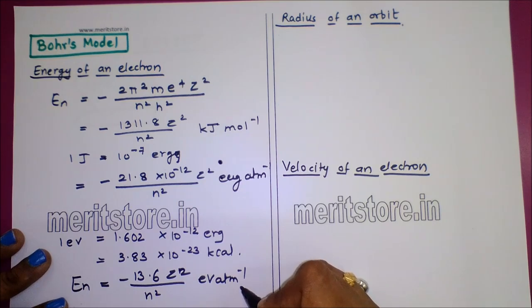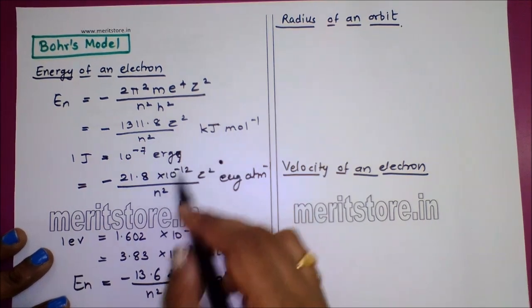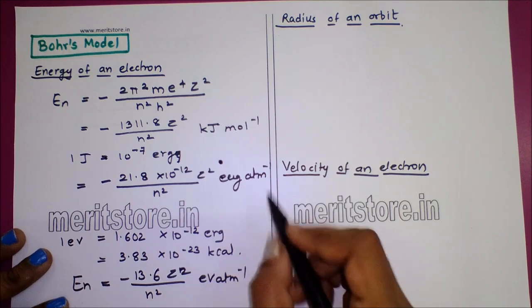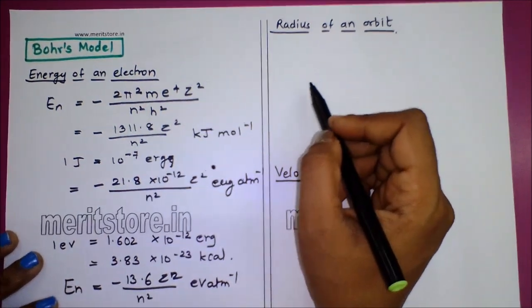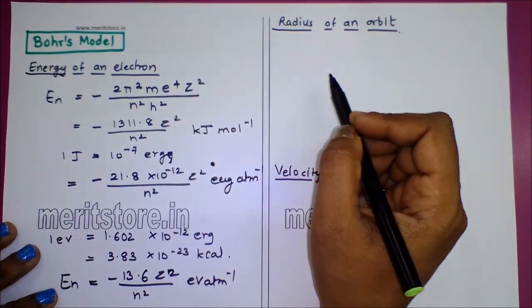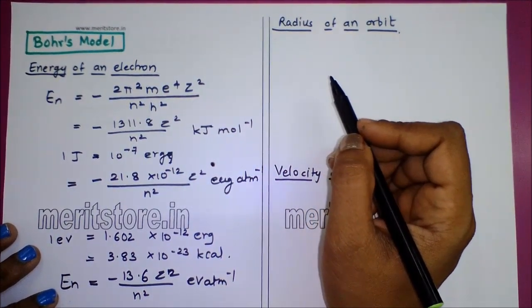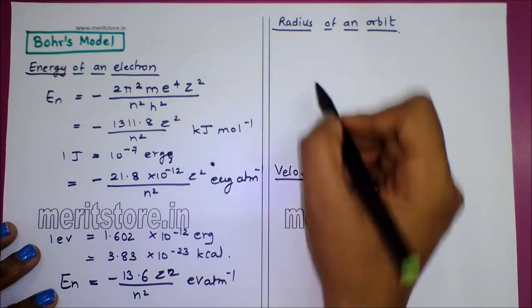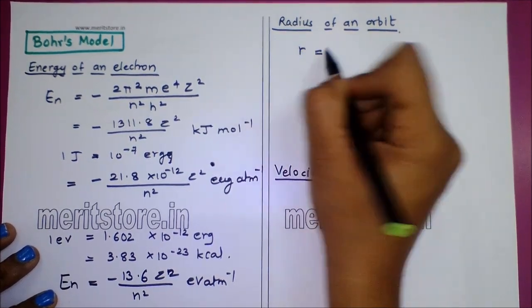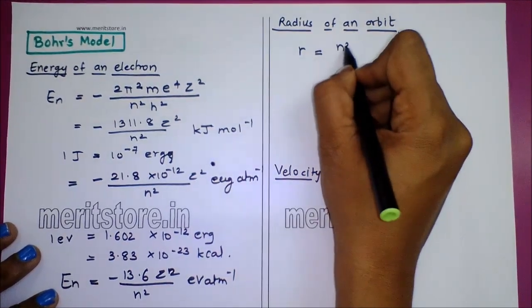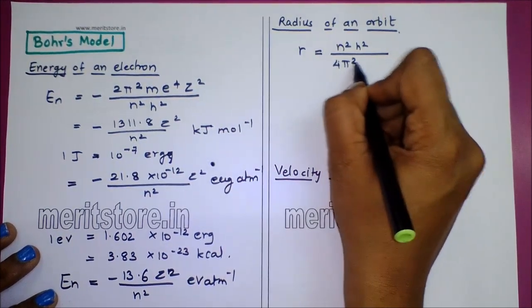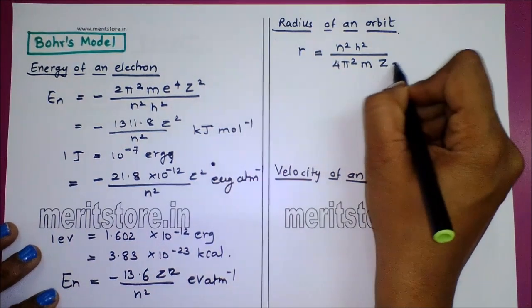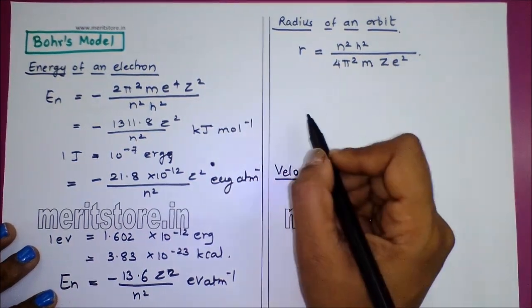For the MCQ purpose, we need to know all these particular formulas in order to calculate the energy of different orbits. We can also calculate the radius of an orbit related to the Bohr's atomic model, from which we have a formula. The radius of any orbit, that's r, is equal to n square h square upon 4 pi square m Z e square.